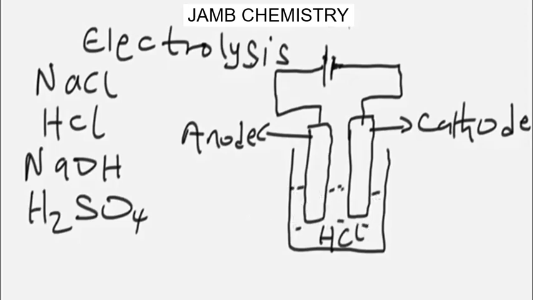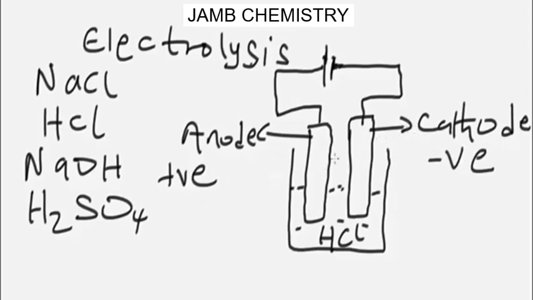Now, note that in an electrolytic cell, the anode is positively charged, whereas the cathode is negatively charged. So take note of this. The anode is a positive electrode, whereas the cathode is a negative electrode.